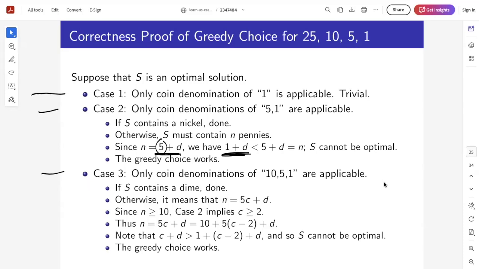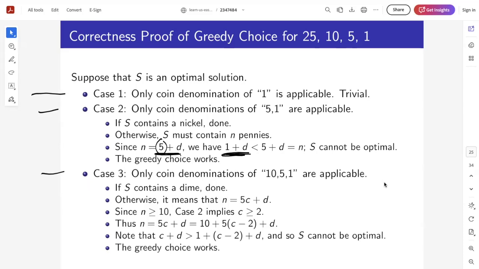Otherwise, we're going to show it cannot be the smallest. In other words, this solution is unique. Unlike in the activity selection, where the optimal solution isn't unique, this coin change solution is unique.